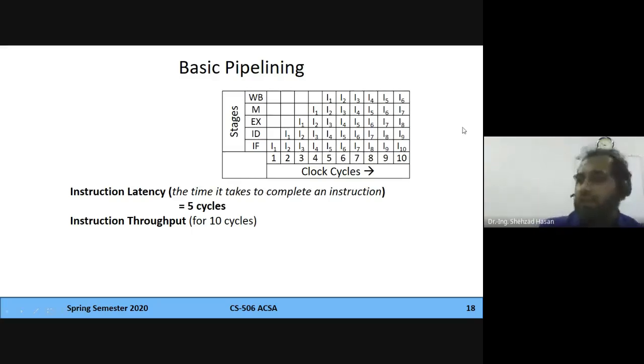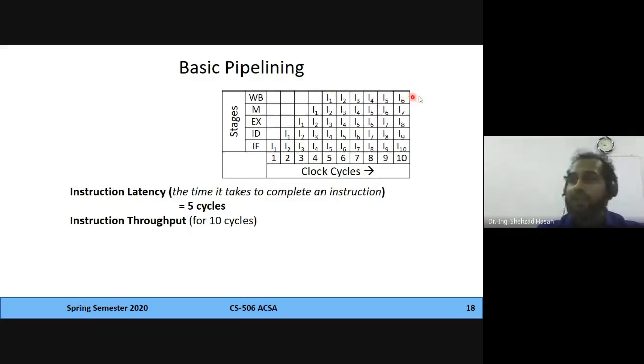If you look at this diagram over here, starting from the fifth cycle, you're going to see that a new instruction completes in one cycle. So what is the effective delay in this case? In other words, instruction 1 has taken 5 cycles, but instruction 2 has now taken just 1 cycle, instruction 3 has 1 cycle, instruction 4 has 1 cycle.